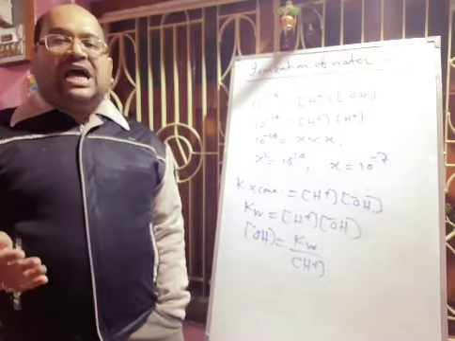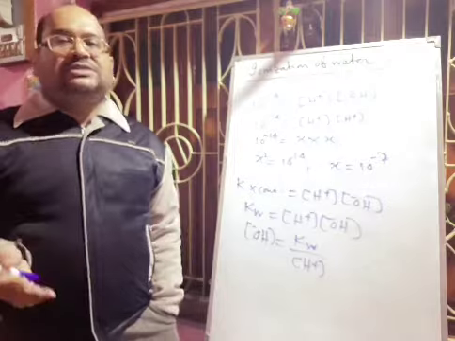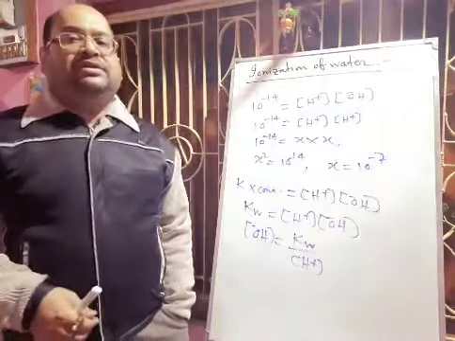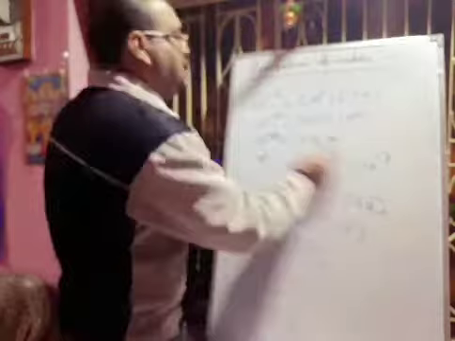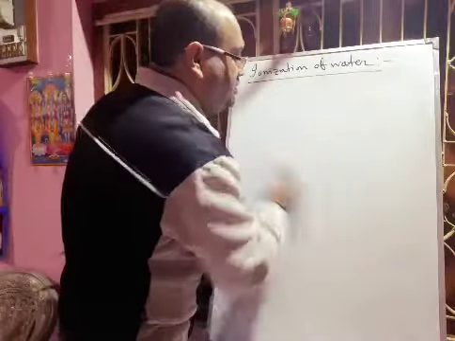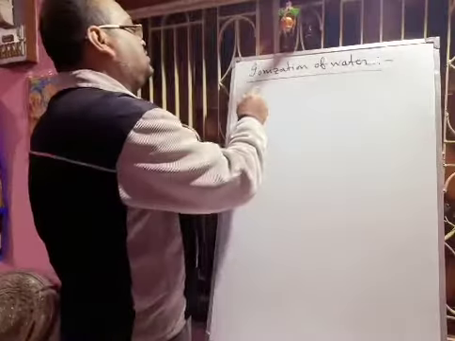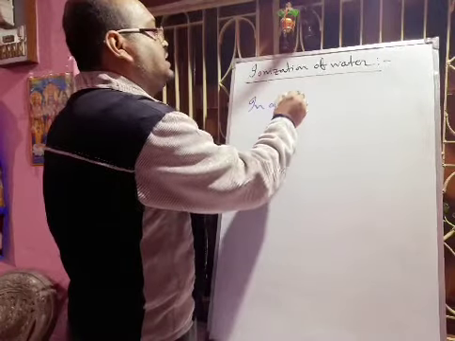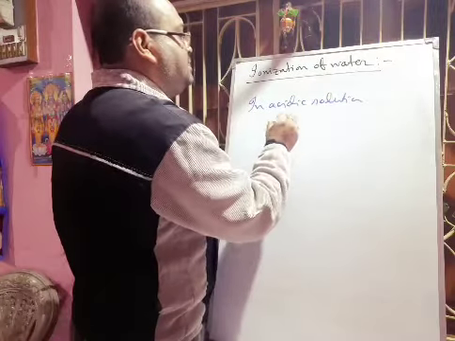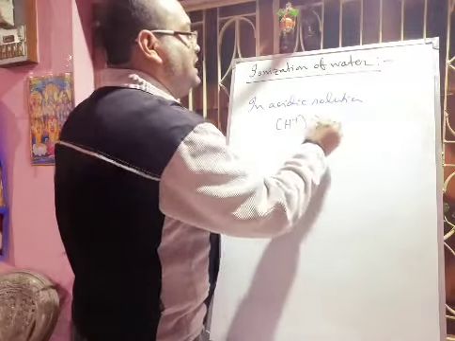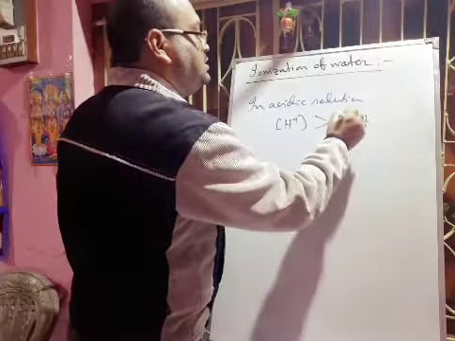So H plus ions and OH minus ions are always present in aqueous solution, whether it is acidic or basic, that you have to keep in mind. But in acidic solution, the concentration of H plus is always greater than the concentration of OH minus.